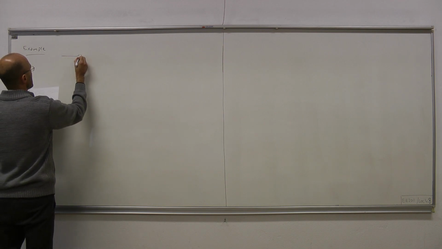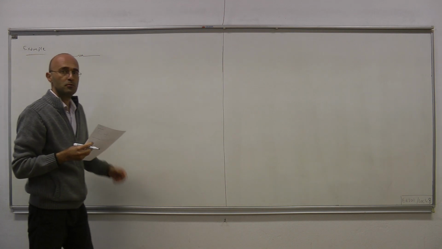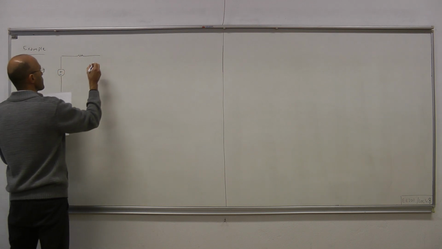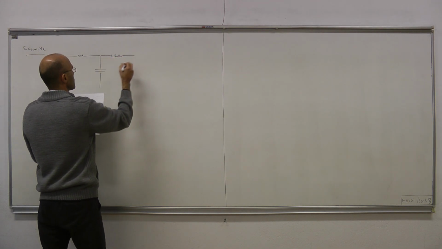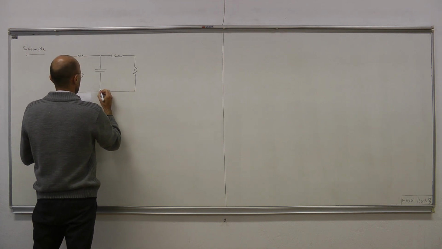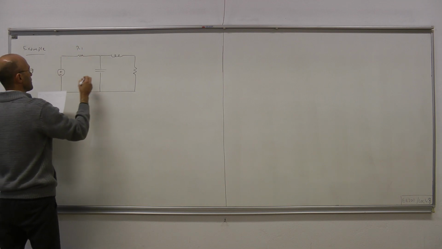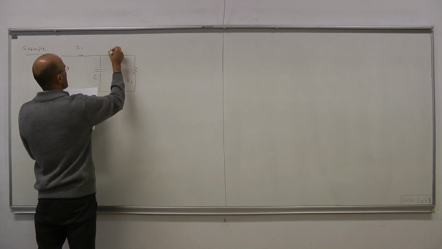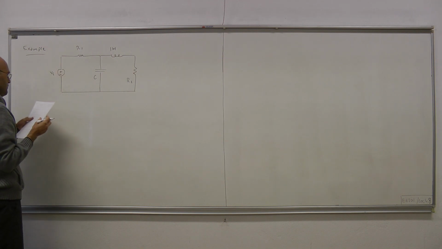Okay, we're given the following second order circuit where certain parameters are to be determined. Inductance is 1 Henry. This is the input, Vs.